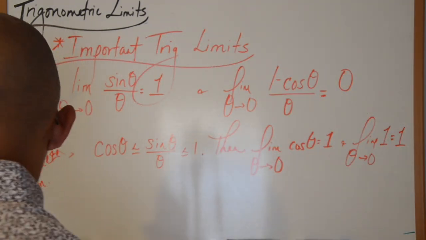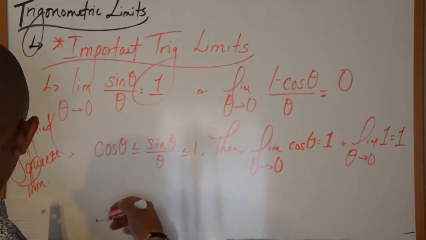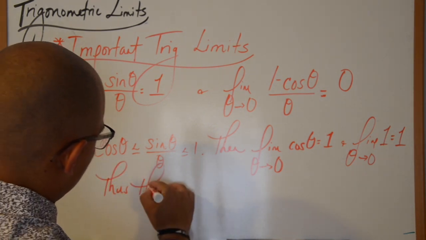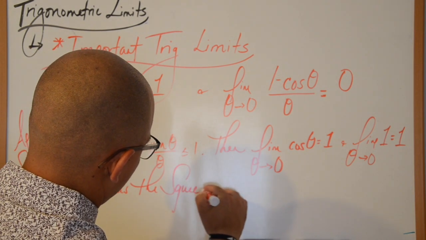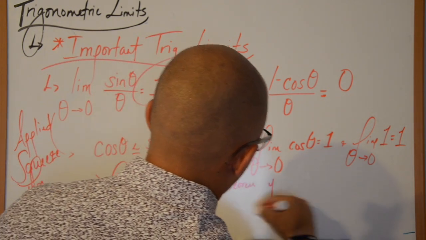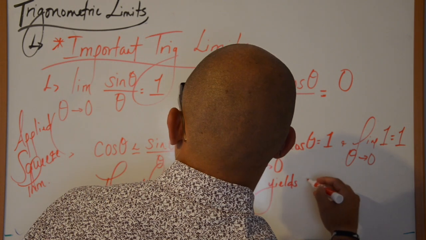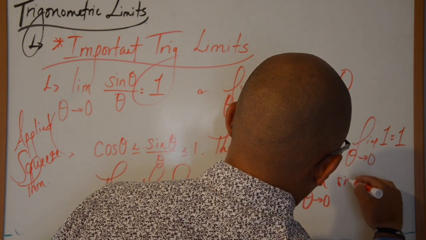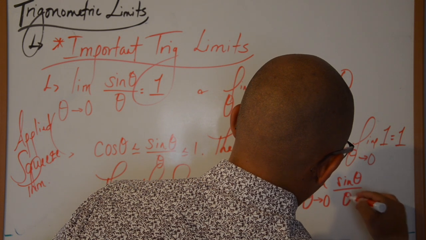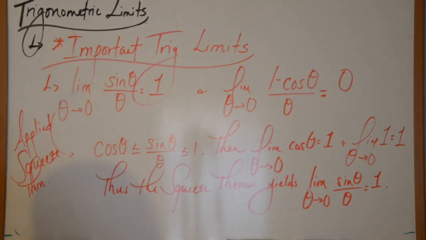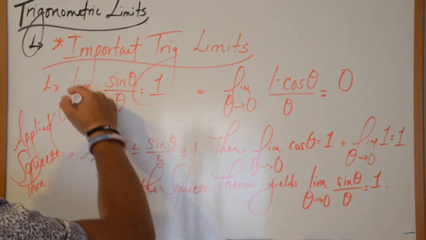It's a constant function. Thus, the squeeze theorem yields the limit as theta goes to 0 of sine theta over theta also equals 1. Sorry, that was not for this one. That was for this. Let me clarify.